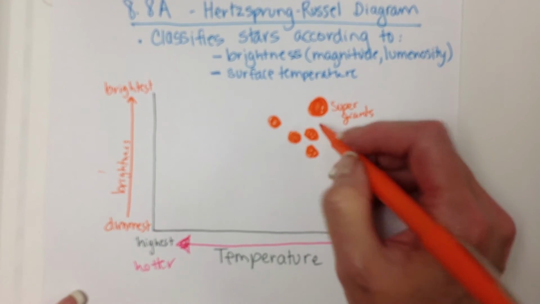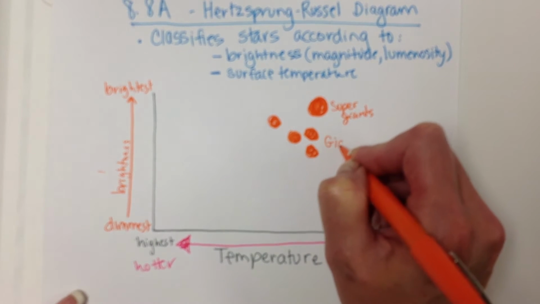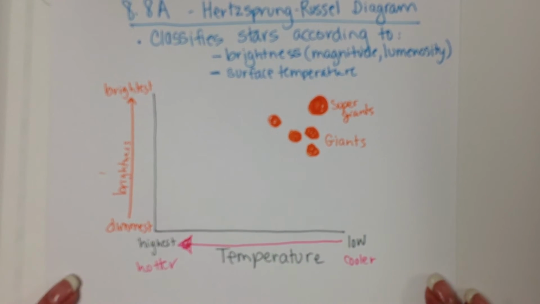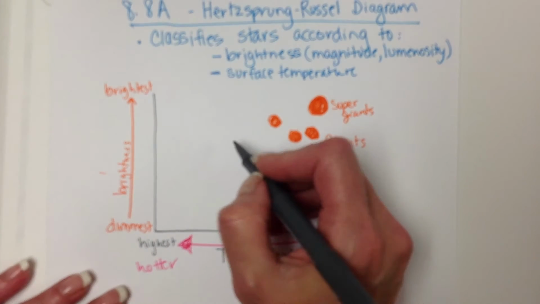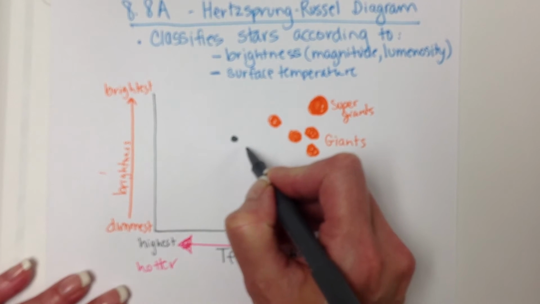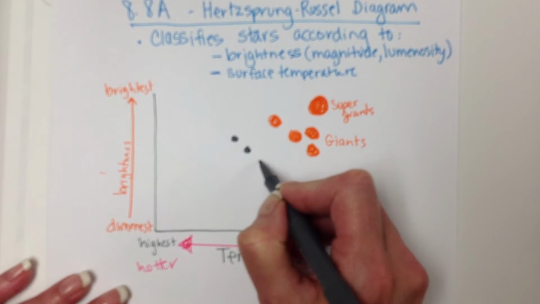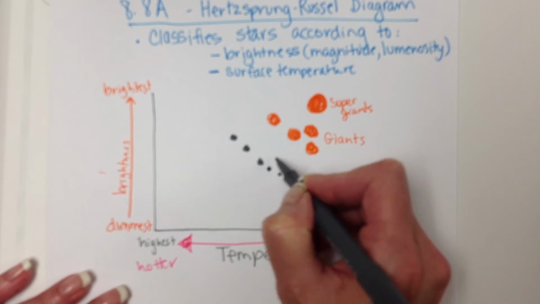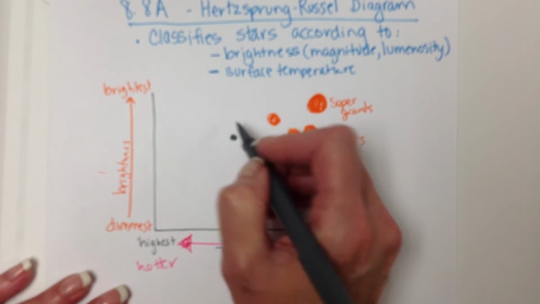So notice that the sizes are different, and they're also called different names because the sizes are different. The supergiants are larger than the giants. The giants are larger than these main sequence stars. Now note that my colors are not right. They're all different sizes here.